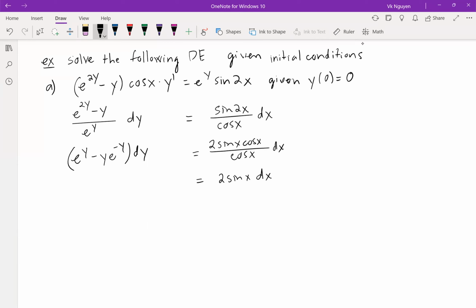And on the other side, we can split this into two different integrals: e^y dy minus y e^(negative y) dy. And now integrate both sides.